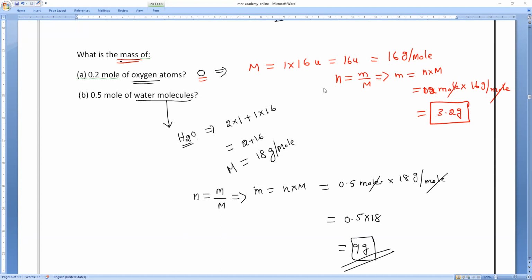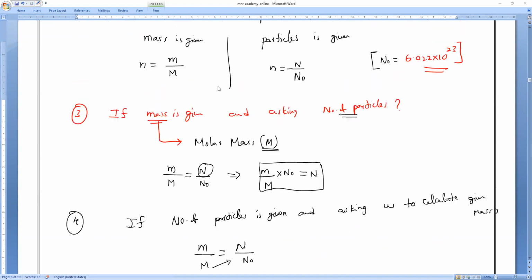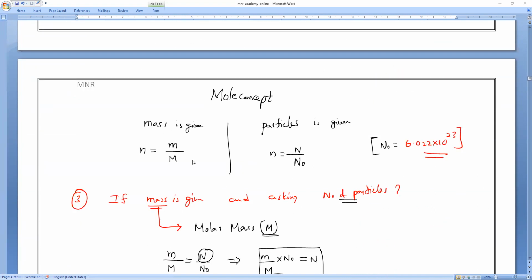Only note it. Have clarity in mind. Doubt means ask me. First formula is only between mass and moles. Mass is given and moles is given. Second formula, particles and moles. Number of particles, that is N, and small n, particles and number of moles.